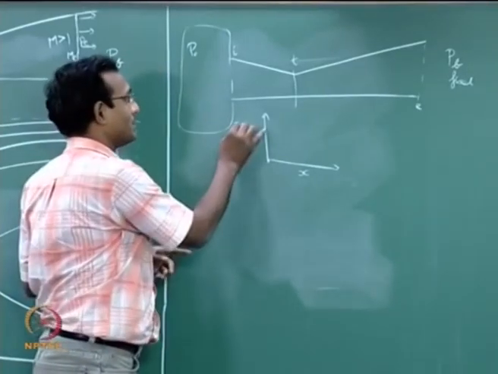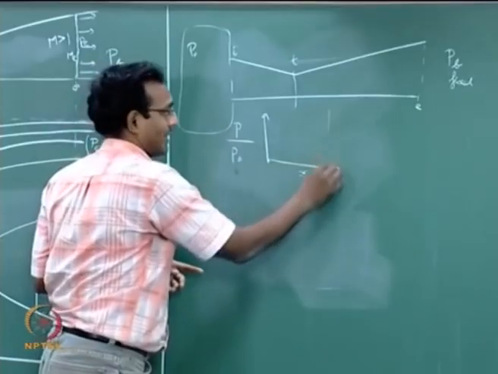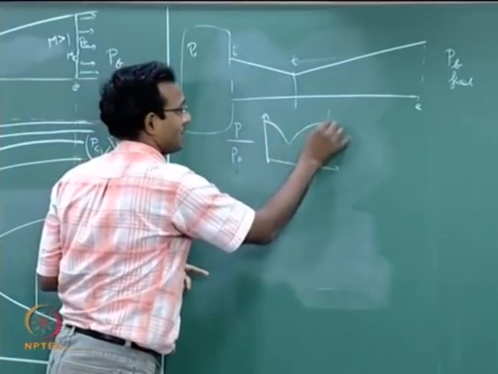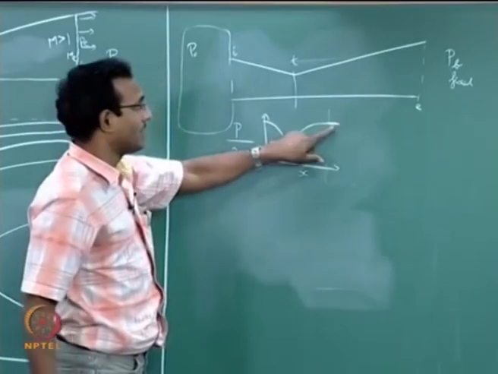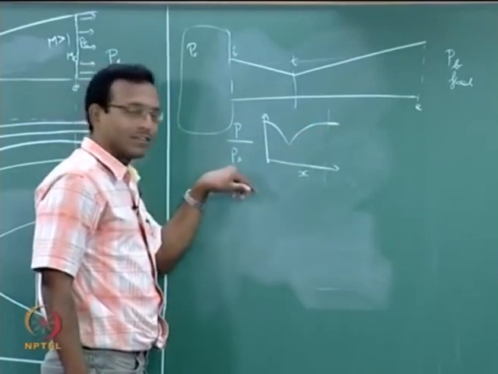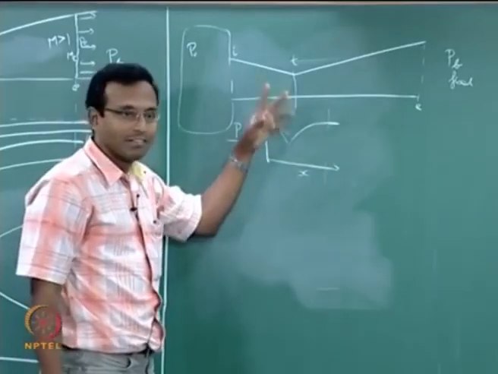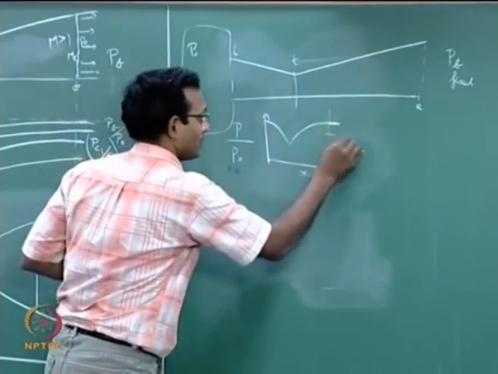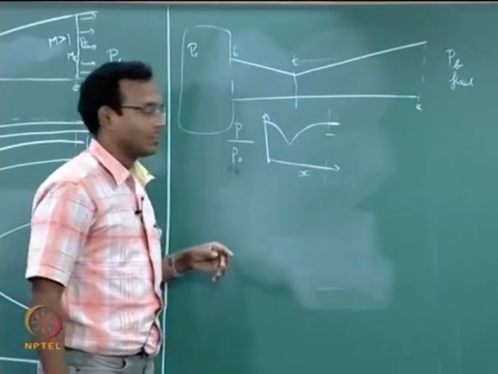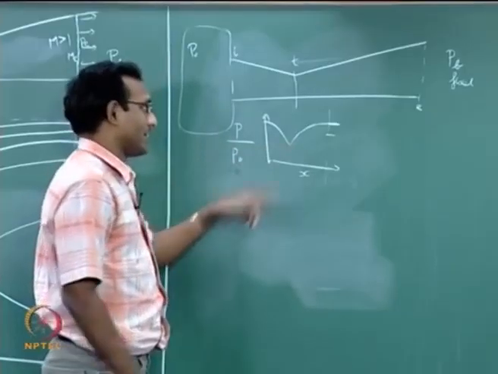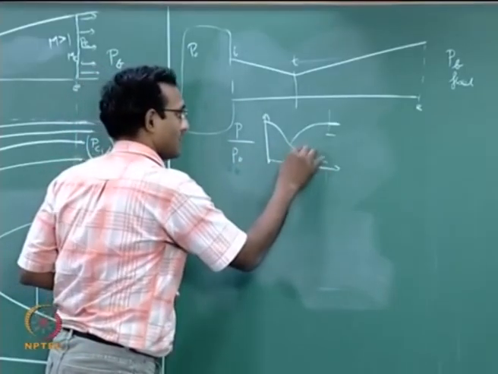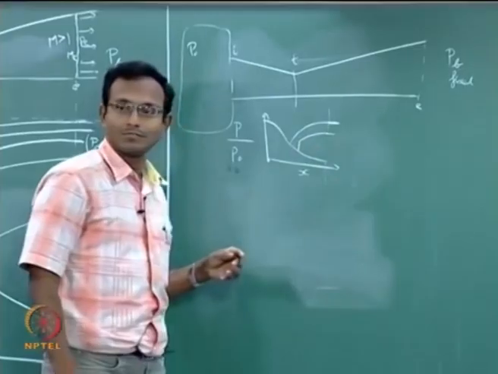If I want to decrease my Pb by P naught, let us say that line, right, we used to draw this kind of plots, that line can be decreased by increasing P naught, keeping Pb the same. Even if I do that, that will drop to some other value. Okay. If that is the case also, you will again go through the same set of plots.